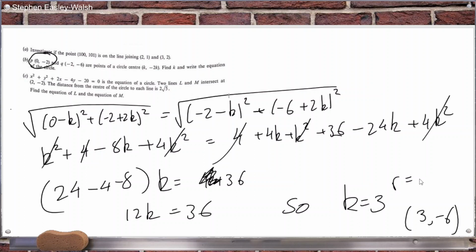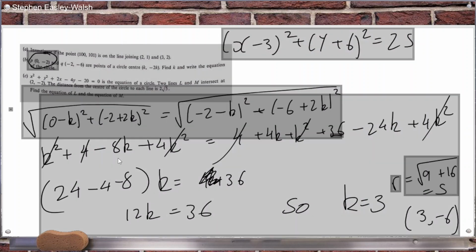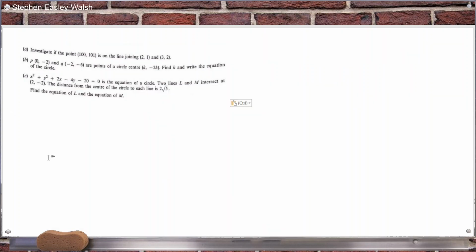So that would be the square root of 9 plus 16. Oh, that's nice. It's 5. So the circle is (x minus 3) squared plus (y plus 6) squared equals 25. Okay. That is the equation of the circle.